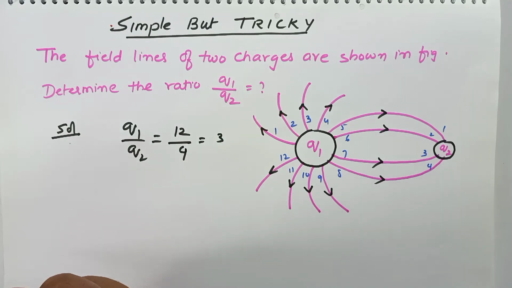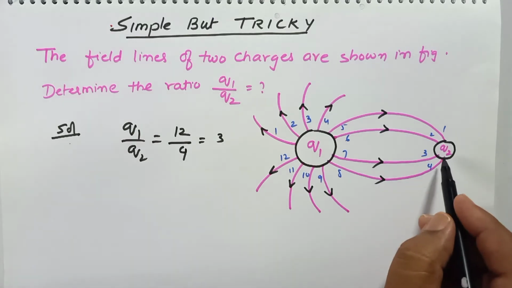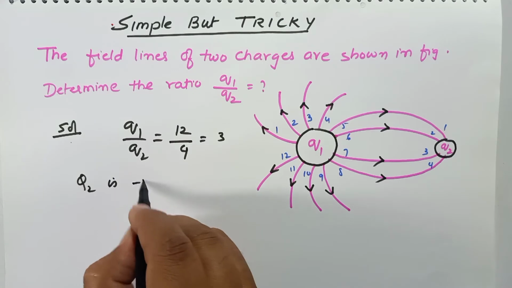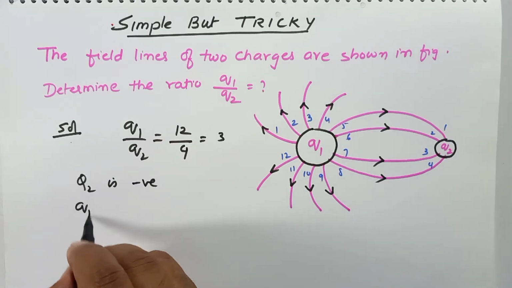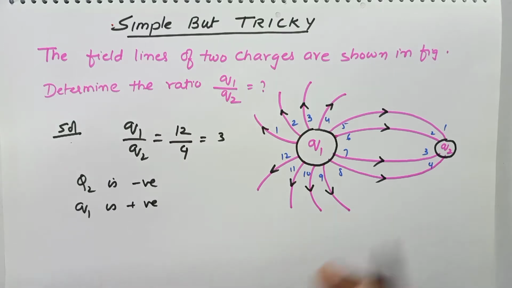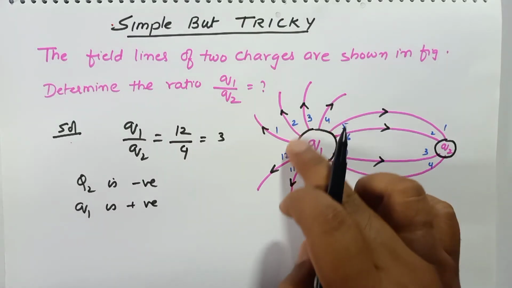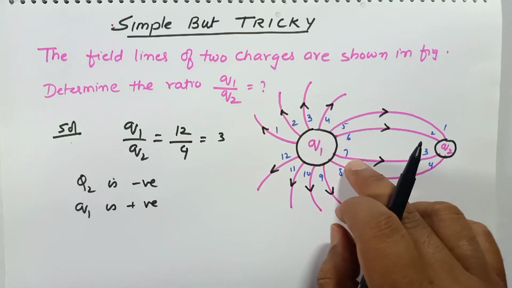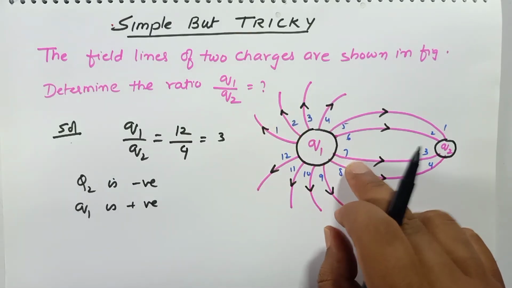Okay. So, the charge Q2 is negative, whereas the charge Q1 is positive. Okay, so how can you say? Because wherever there is a positive charge, the lines of force are divergent.